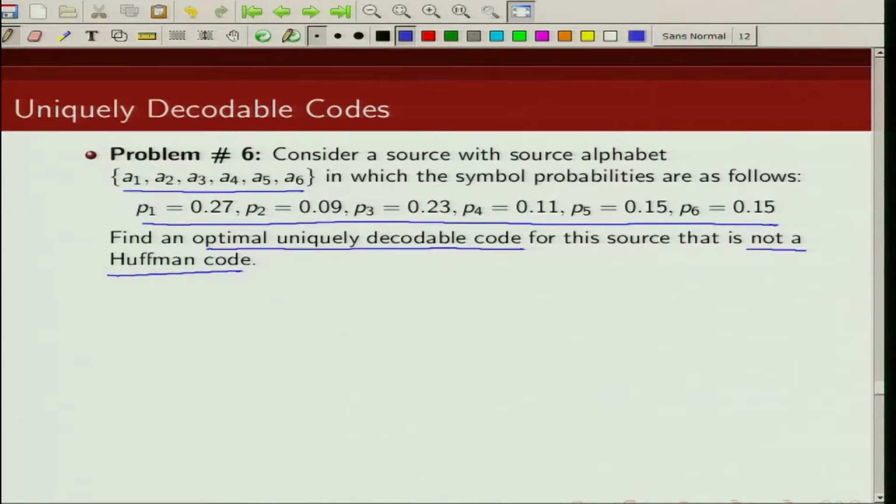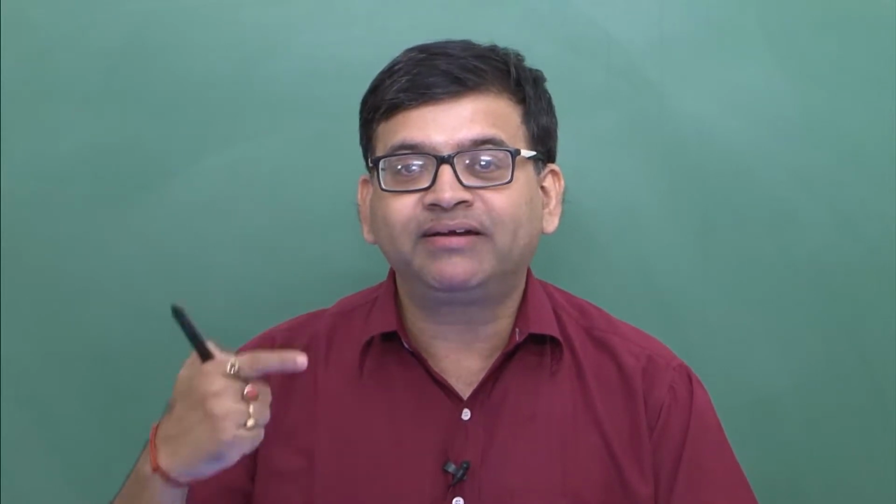I forgot to mention, I mean which is not a binary Huffman code. Now what are the properties of a binary Huffman code? We know that there are no unused leaves, and the two least likely symbols differ in only 1 bit location.